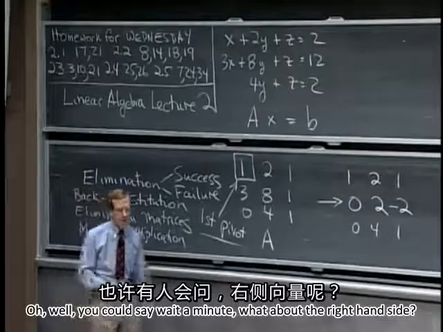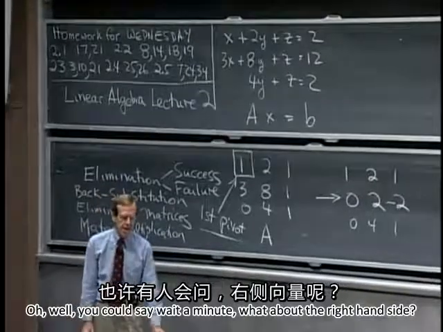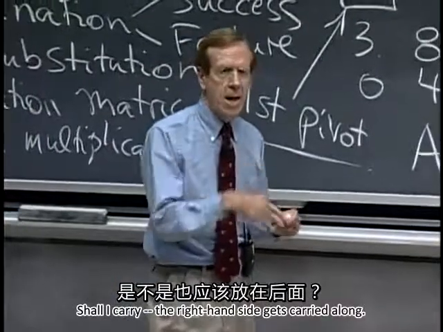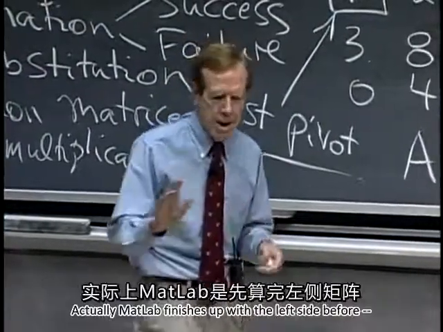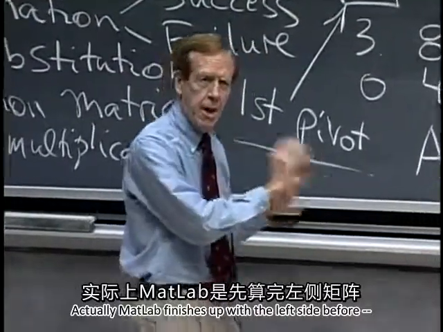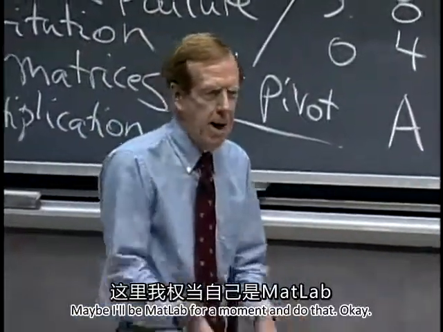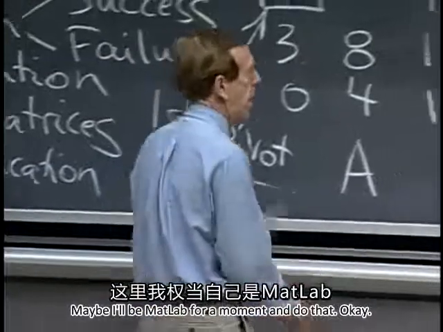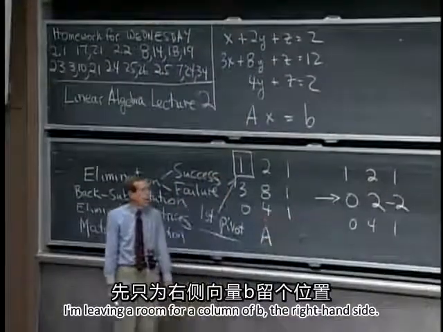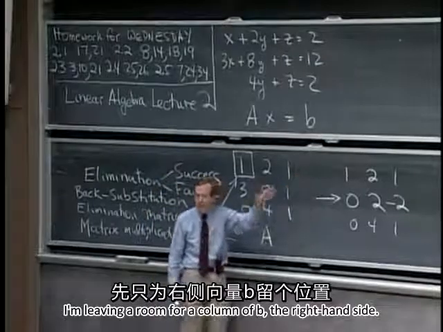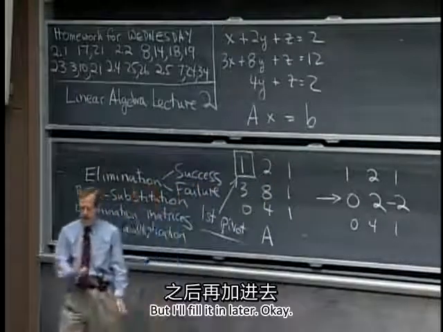Oh, well, you could say, wait a minute, what about the right-hand side? The right-hand side gets carried along. Actually, MATLAB finishes up with the left side first, and then just goes back to do the right side. Maybe I'll be MATLAB for a moment and do that. So I'm leaving room for a column of b, the right-hand side, but I'll fill it in later.